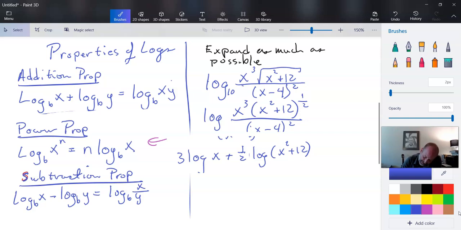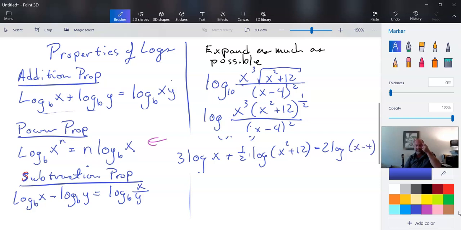And then the last term is that denominator, the x minus 4 squared. So that's going to be minus, because it's in a denominator, 2, sorry, and then the log of x minus 4.